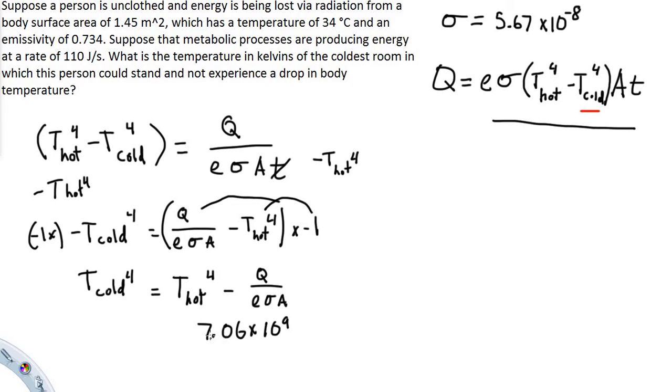So after you get this value, what you're going to have to do to get rid of this raised to the 4th is you're going to have to take the 4th root of both sides.